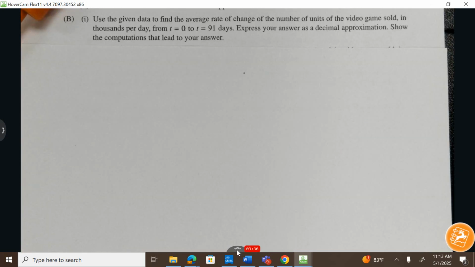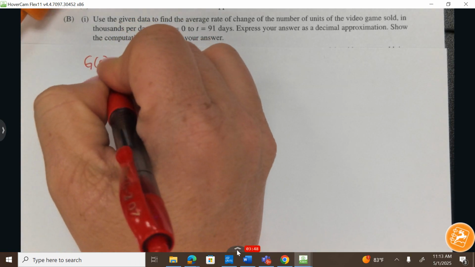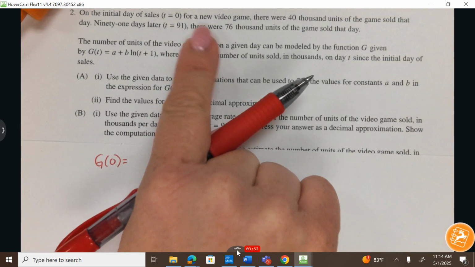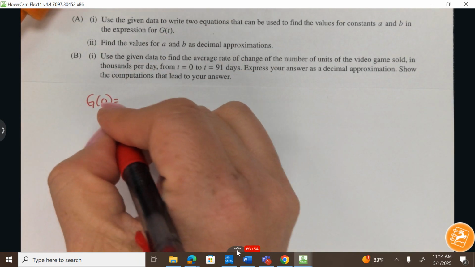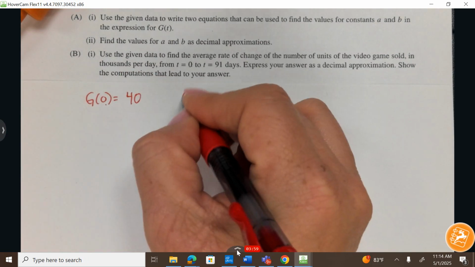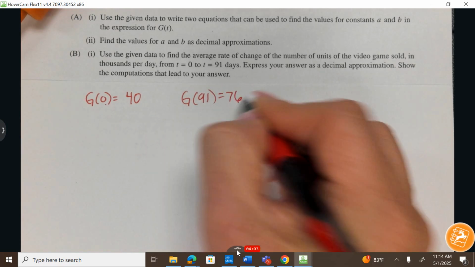Okay, part B, there are 3 parts to part B. We're going to start with the first part. It says, given the data, find the average rate of change from T equals 0 to T equals 91. Okay, so using this model and the data up above, we know that on the initial day we are at 40,000, and 91 days later we're at 76.